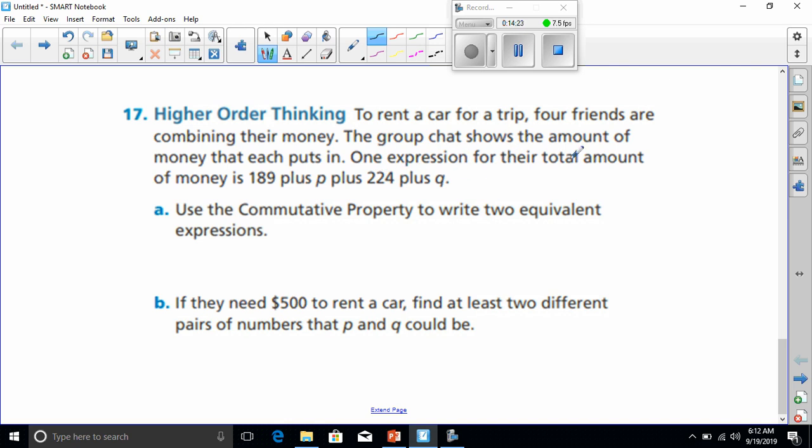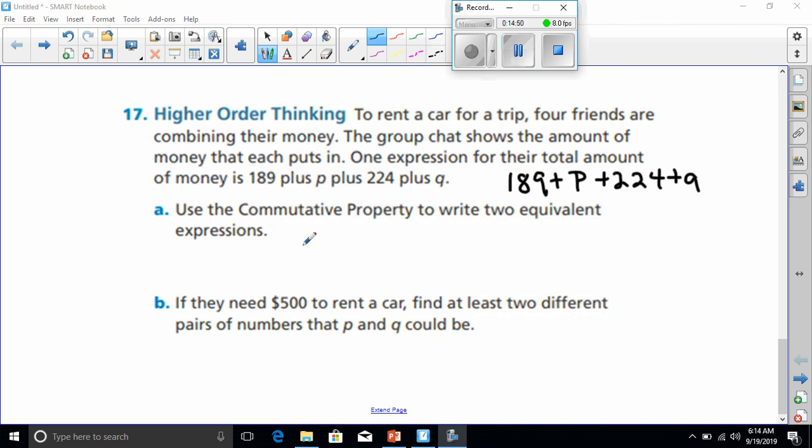One expression of their total amount is 189 plus P plus 224 plus Q. All right? So let's use the commutative property to write two equivalent expressions.